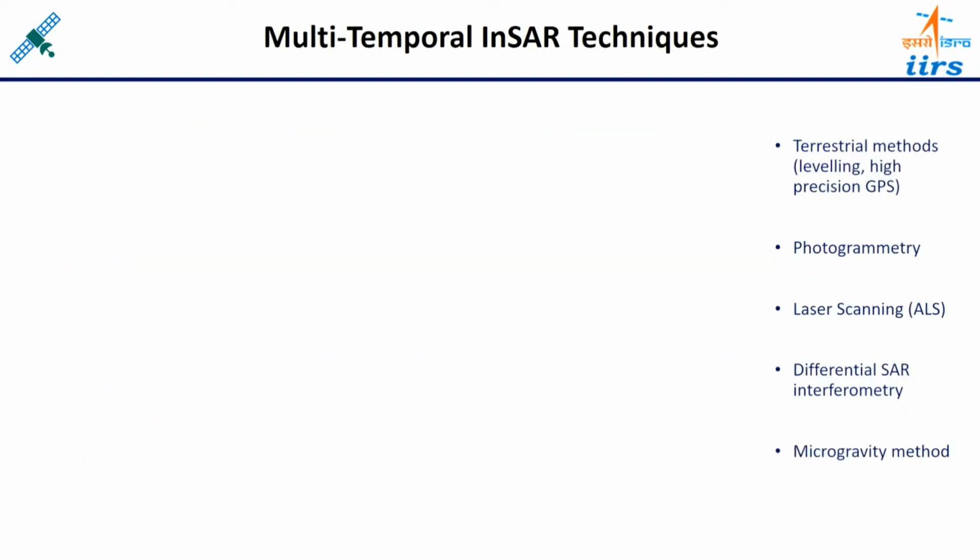Now coming to the main multi-temporal InSAR techniques. So here you can see the deformation. In the traditional way, we were measuring deformations with terrestrial methods. Leveling equipment and high precision GPS devices were used, but these basically give point information.